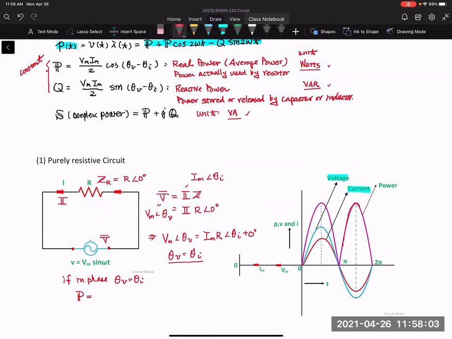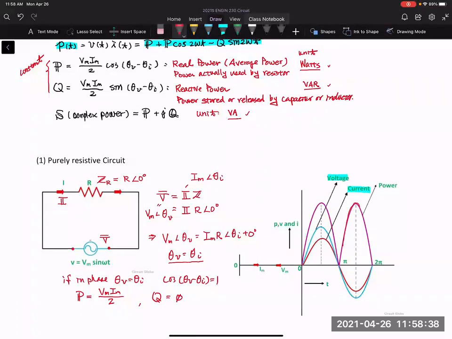Theta V minus theta I equals 0, and cosine 0 is 1. So it turns out your P is going to be V sub m I sub m divided by 2. Okay, what about the Q? Well, Q is going to be sine 0, and sine 0 is equal to 0.